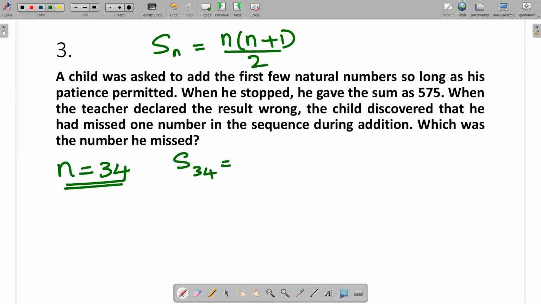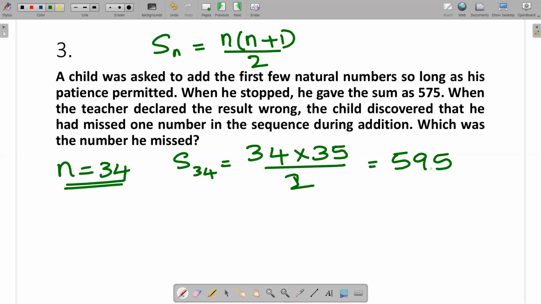Suppose I'm taking S34, the sum of the first 34 natural numbers, that is equal to 34 into 35 divided by 2. I can see that this sum, 34 into 35 divided by 2, comes to 595.